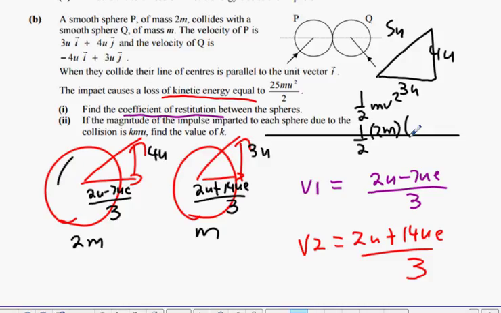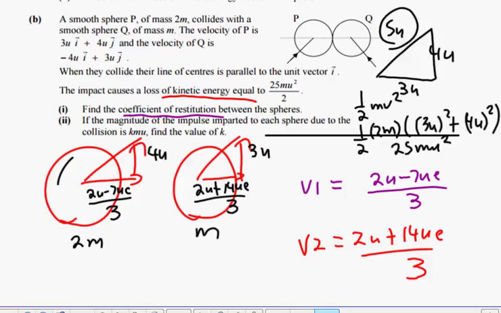You could have just done it as 3u squared plus 4u squared, if you wanted, or simply square the hypotenuse. So the half and 2m cancel, and it's going to be 25. Everybody happy with 25mu squared? So that means the loss of kinetic energy is twice that?